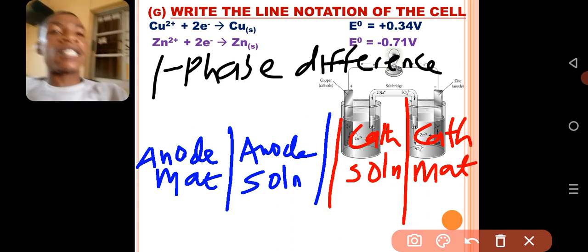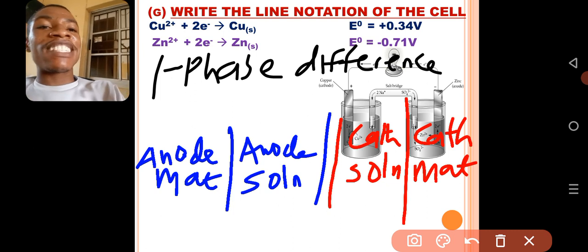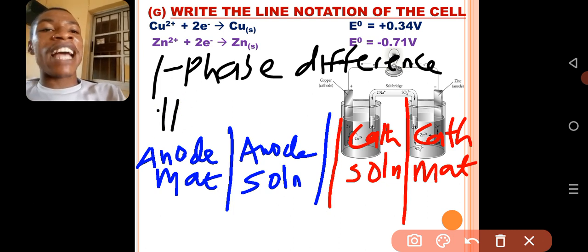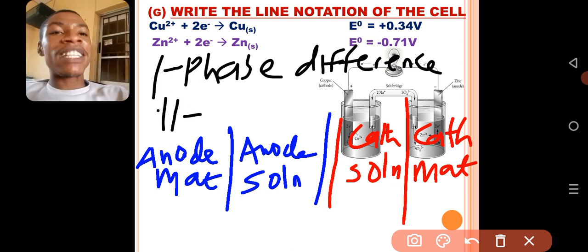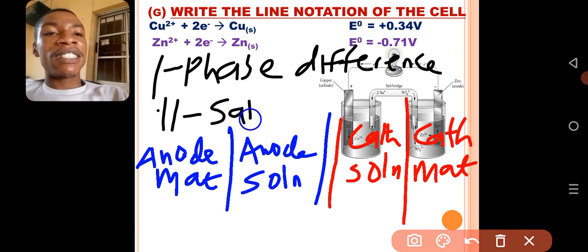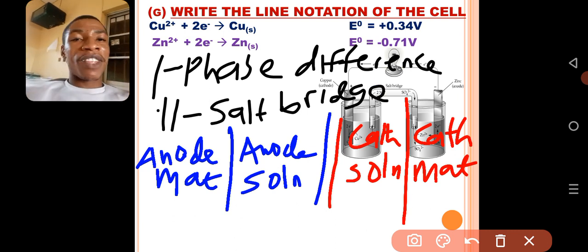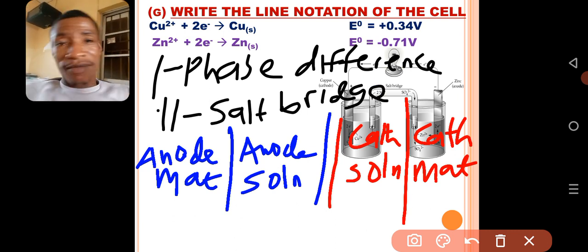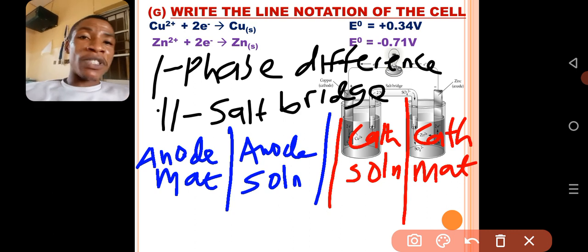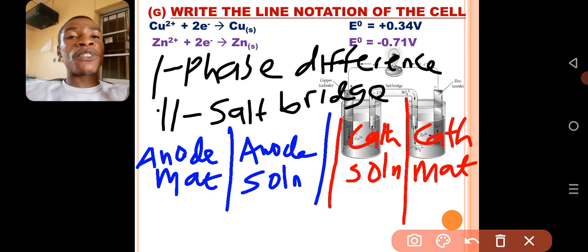That's phase difference. Whereas you can guess what the double slash is representing: the salt bridge. So double slash represents the salt bridge, single represents the phase difference.